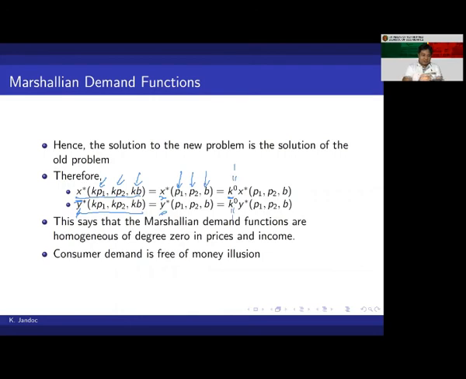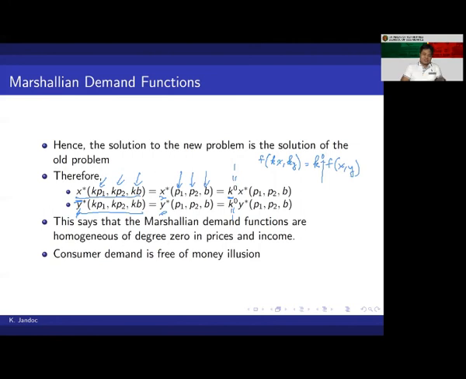Recall, if you have a function f of Kx, Ky equal to K^0 times the same function f of x, y, then this function is homogeneous of degree whatever is the exponent here.